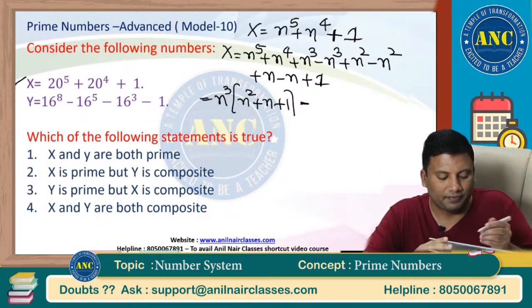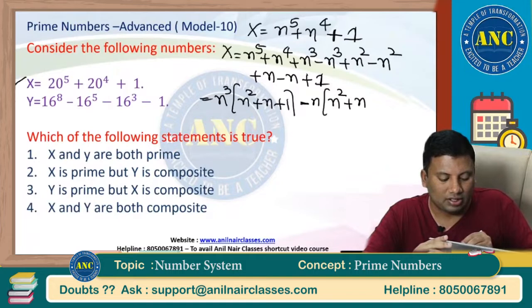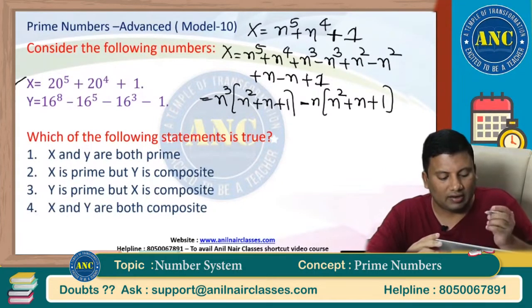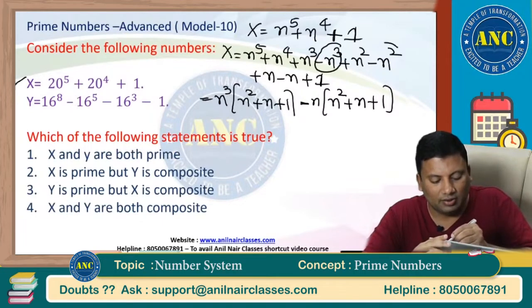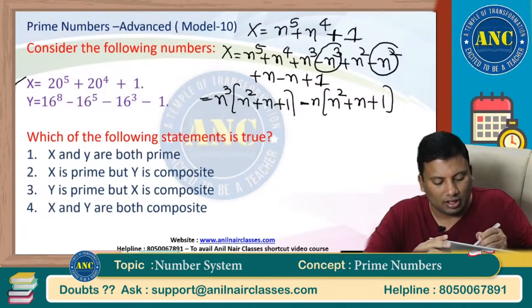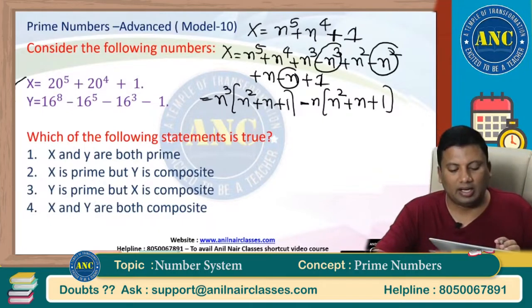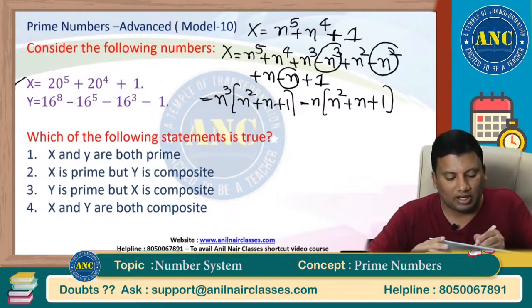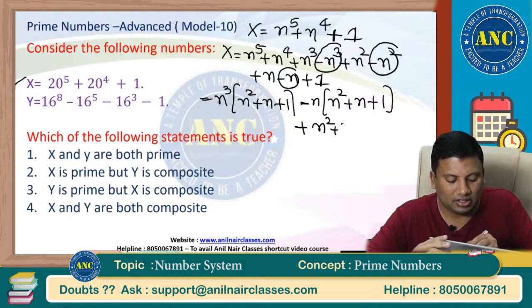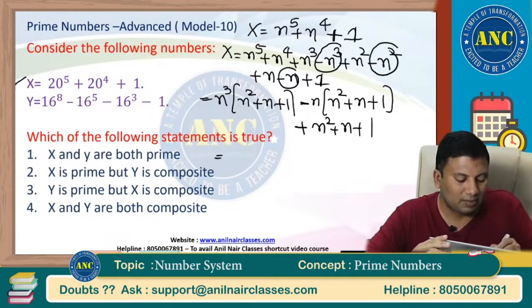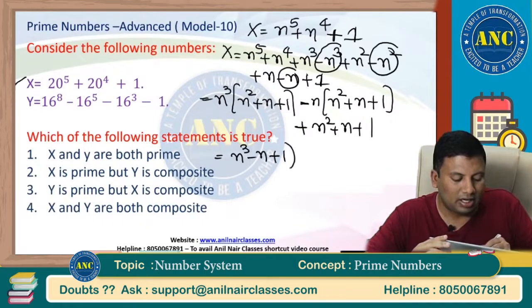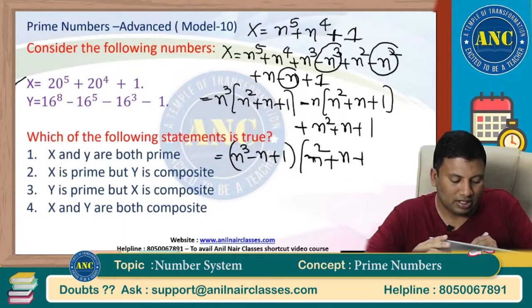Again, if I take n common, n square plus n plus 1. I hope it is clear from where I am taking this value, and this value. I am taking minus 1 common, n square plus n plus 1. If I take n square plus n plus 1 common, this is nothing but (n cube minus n plus 1) into (n square plus n plus 1).